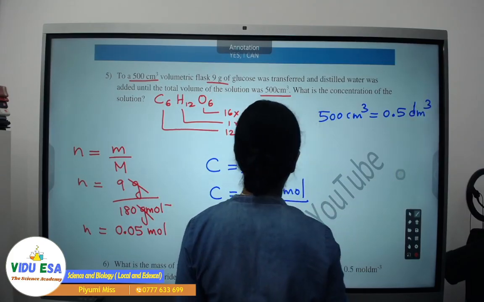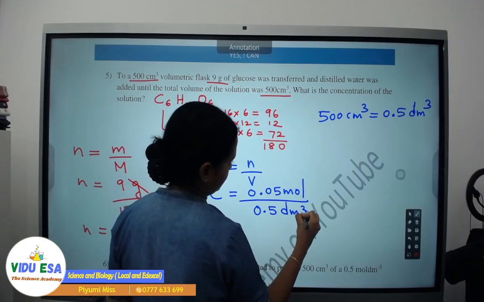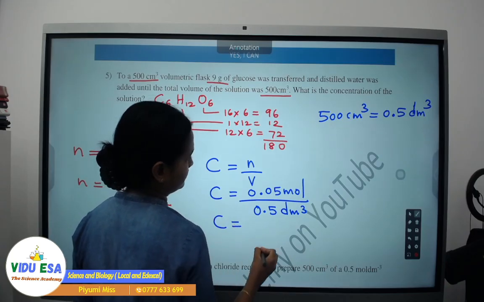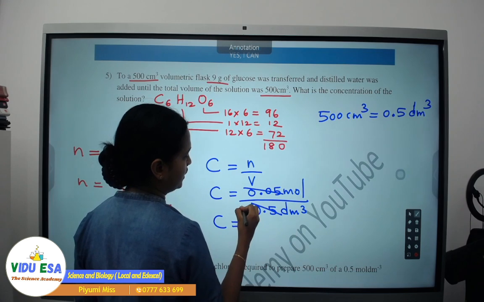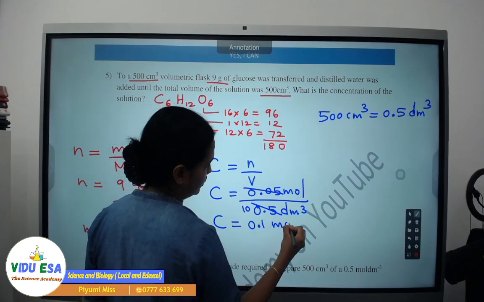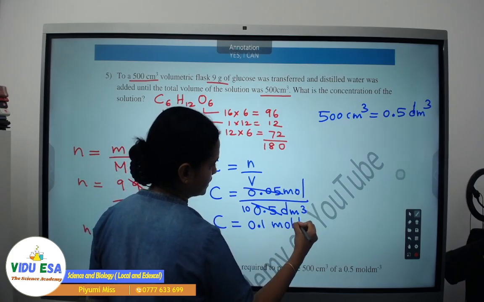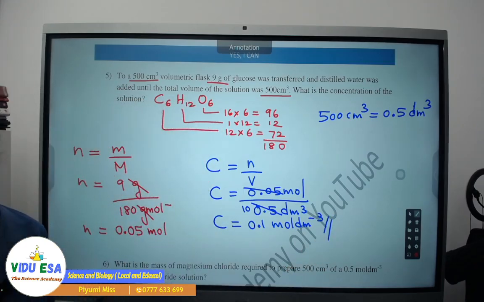So 0.05 into 10 is 0.5, 1 over 10, that is 0.1 mole per cubic decimeter. Hands up those who got the answer.